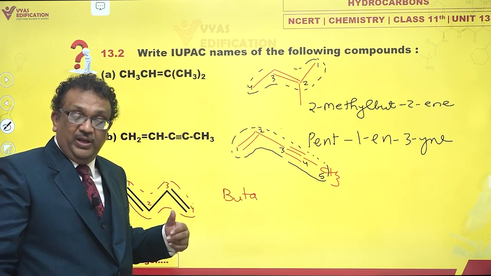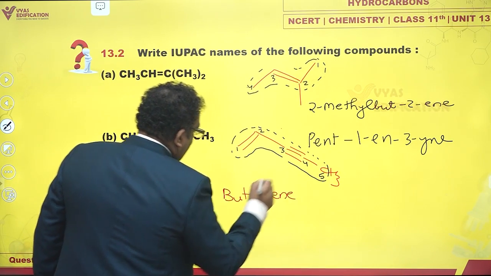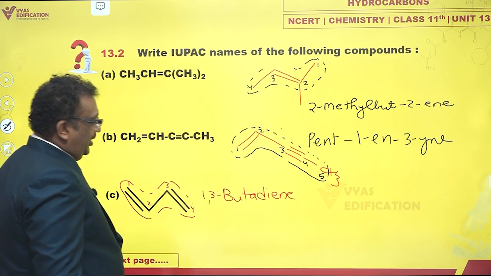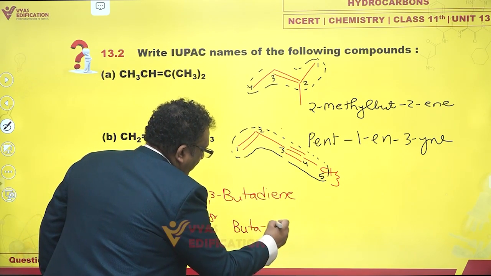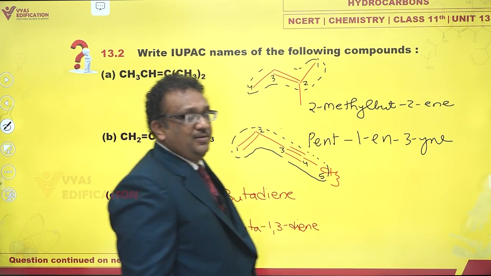Why are there two alkenes? So diene, the butadiene. But the alkene happens at 1 and 3, so 1,3-butadiene or buta-1,3-diene. Both are correct. You can write it whichever way you like.